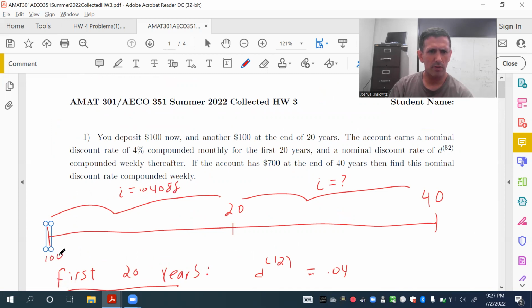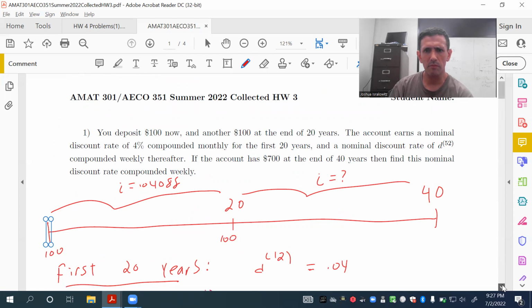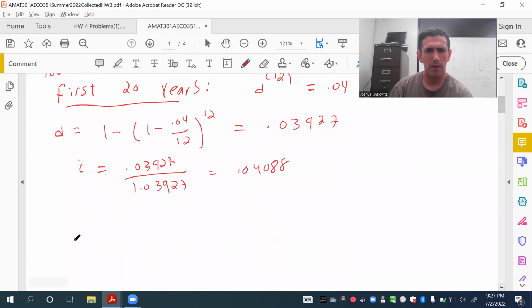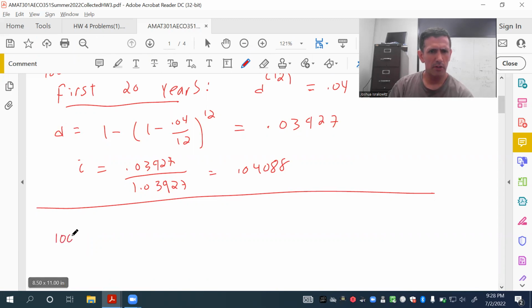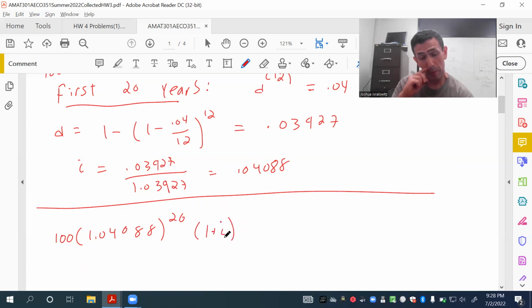Okay, so sorry, it's 100 now, 120 years later. The 100 for the first 20 years accrues 20 years of interest at this interest rate, and then accrues 20 more years of interest at this unknown interest rate.